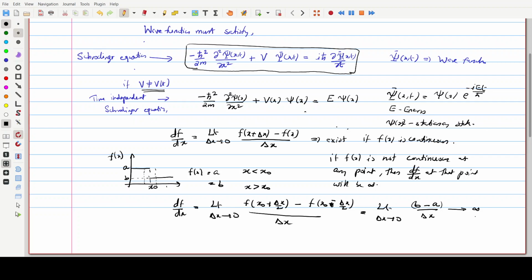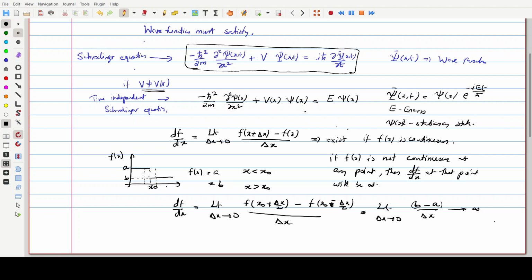Here x0 is a point of discontinuity, and the discontinuity is finite, varying from a to b. But even though it is finite, the derivative becomes infinite at that location. If the derivative becomes infinite, obviously the second order derivative would also become infinite.